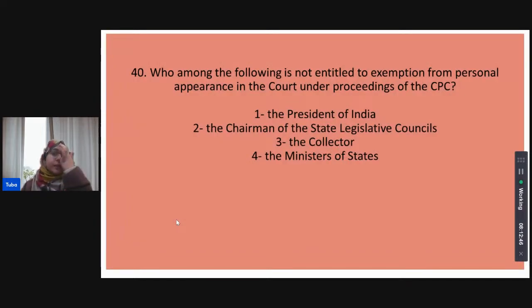Who among the following is not entitled to exemption from personal appearance in the courts under proceedings of the CPC? So, who is not entitled to exemption? Again, we have to read the question very purposefully. Is it the President of India? Is it the chairman of the state legislative councils? Is it the collector? Or is it the ministers of states?